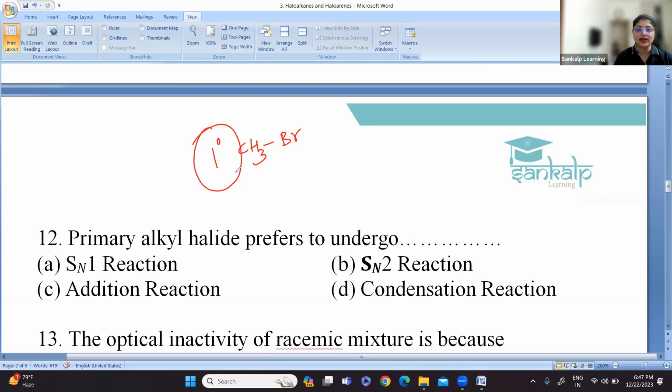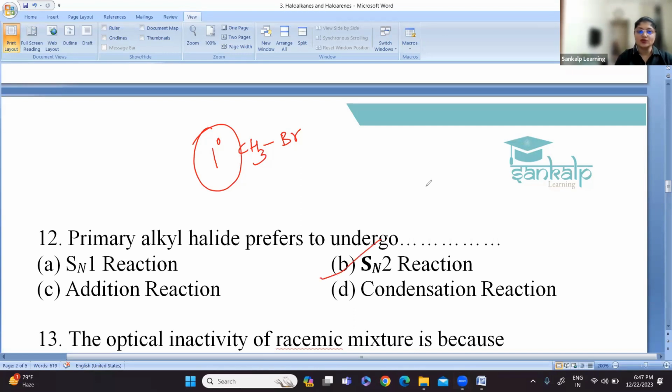What will it undergo? Read the options properly. Vedvati, Nikita have answered it right. Okay, so it is SN2.